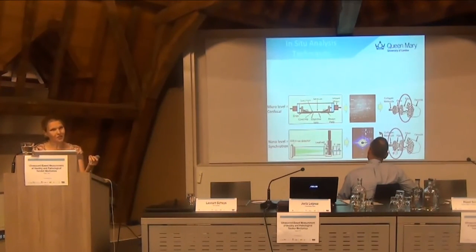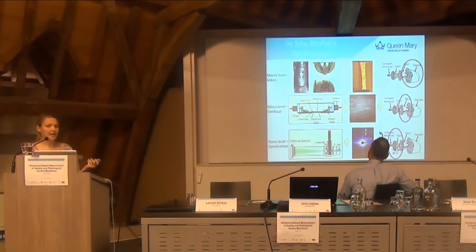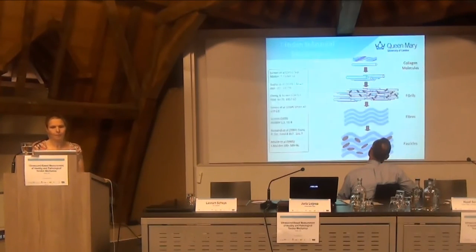You can stretch your tissue in the same way and characterise that response at this fibre level. And then, of course, going up the scale again, if you want to look at fascicles or whole tendon, you're looking at things like videos, classic DIC pattern, where you can take bits of tissue, load them in a standard mechanical testing machine and look at the response more locally in terms of strain.